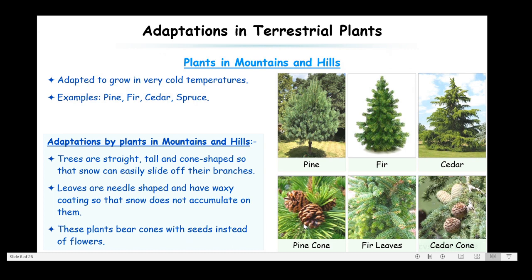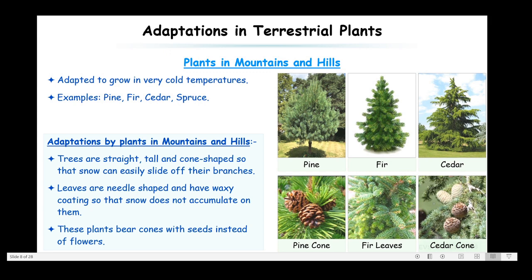It is very difficult for a plant to bear flowers as flowers will not survive in those harsh climatic conditions. So they bear cones for their survival, and these cones bear seeds. Here I would like to mention your Christmas tree is also a kind of fir, right?